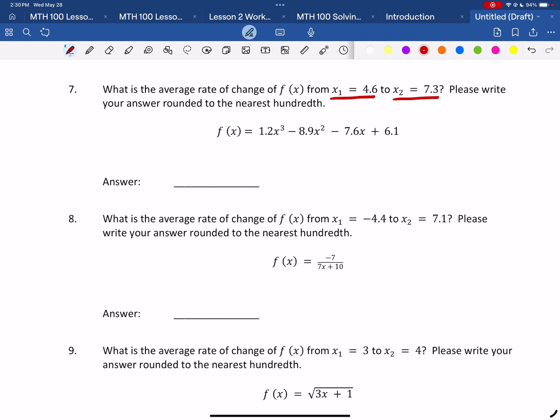So I'm going to literally write on my paper f of 4.6 is 1.2 parentheses 4.6 cubed minus 8.9 parentheses 4.6 squared minus 7.6 parentheses 4.6 plus 6.1.